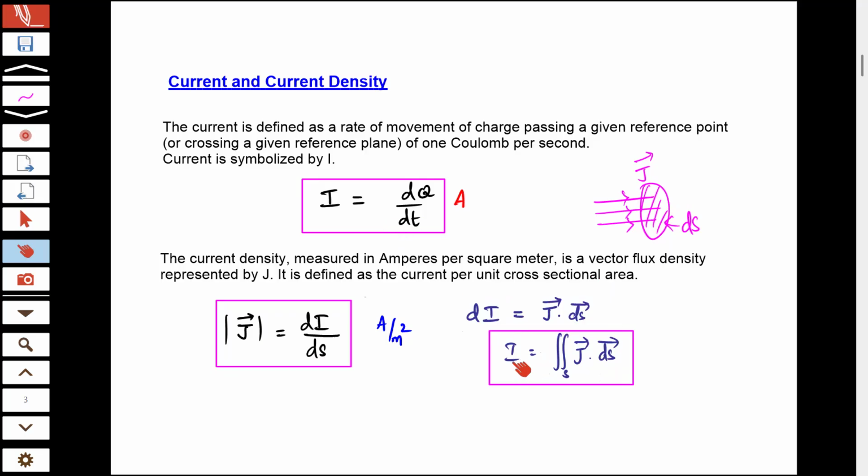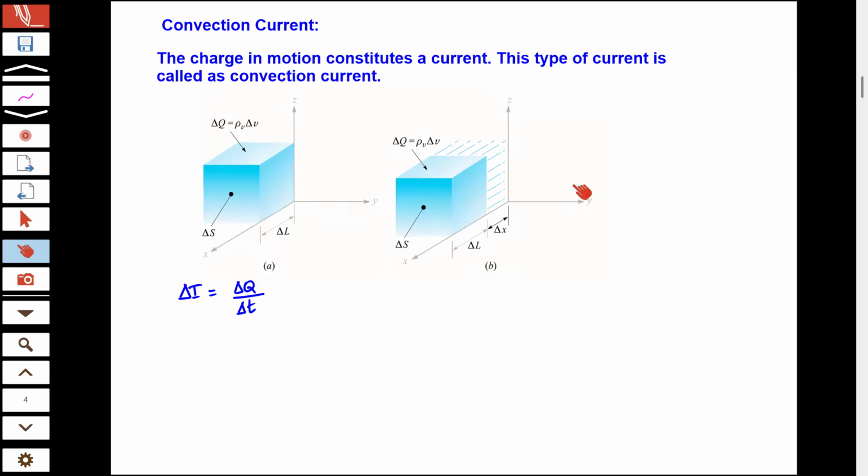We can now shift to discuss the convection current. When we talk about the convection current, whenever there is a charge which is in movement, it constitutes a current called convection current. In this case, there is no requirement of a conducting material for the charges to flow.